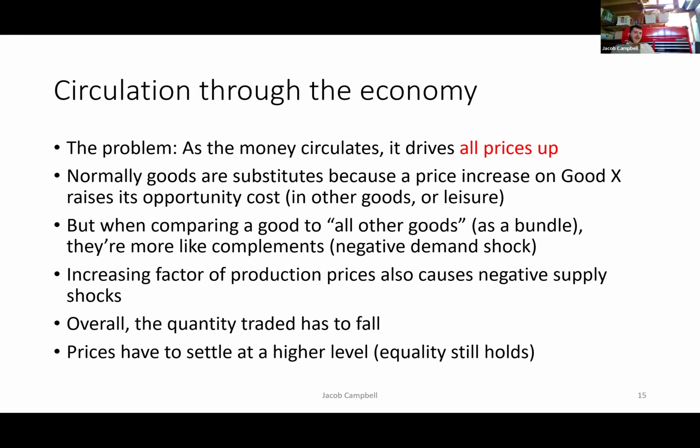And the supply shocks and the demand shocks are going to fight each other. But we know that they'll have to settle at a higher level because that equality still has to hold. Money that's in circulation has to be spent.